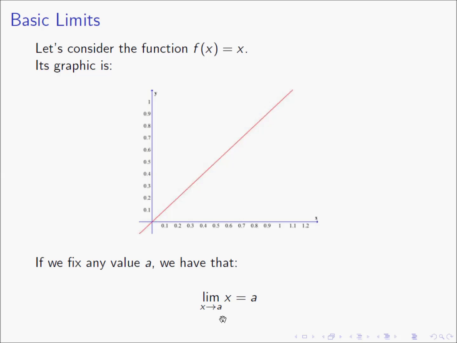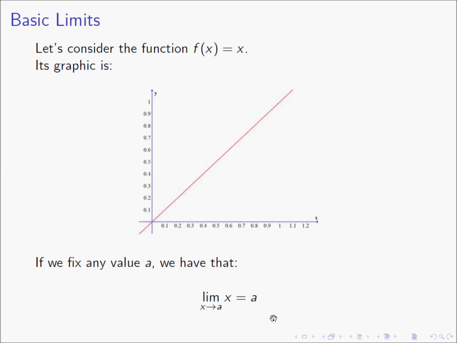Here I already showed the answer, because it is really intuitive, because we're taking the limit as x approaches a of x, and here we already are saying that x approaches a, so x should approach a also.